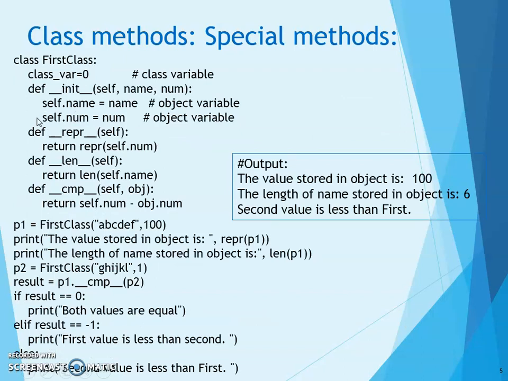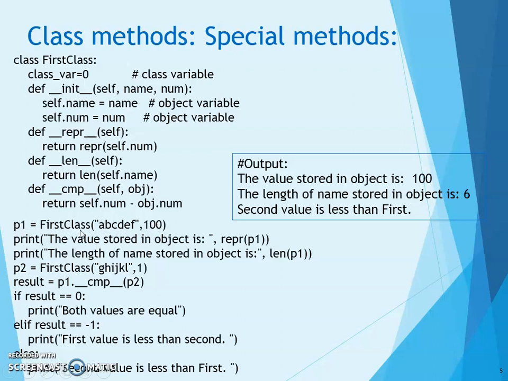So here a class is defined. We have defined __init__, then representation, length and compare. So we'll start with our main code. Here we are creating an object, and while creating an object of this first class, we are passing two parameters, one is a string ABCDEF and the next is a value, that is a number.